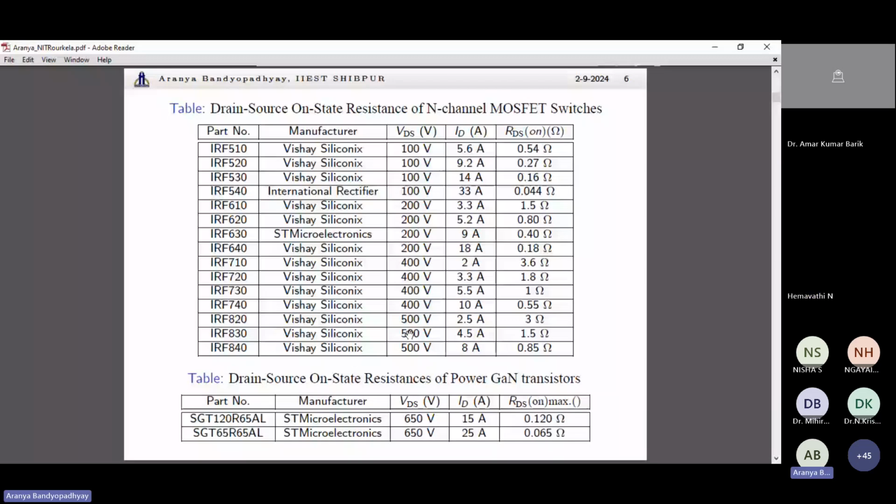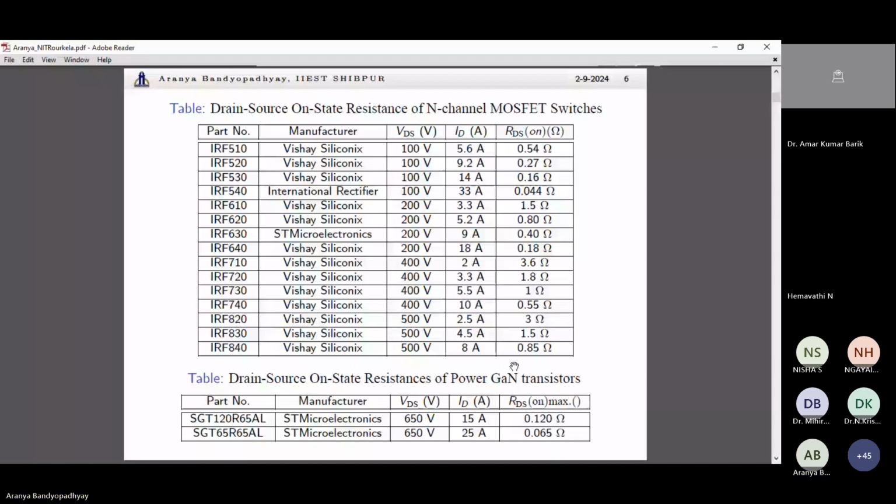Now, a huge amount of wisdom can be gained if we just fix our eyes on this table, which is compiled based on various data sheets. What can you see from here? Let us pose a very practical problem.